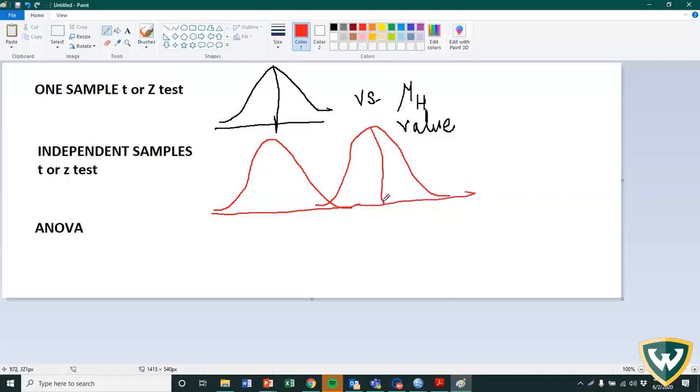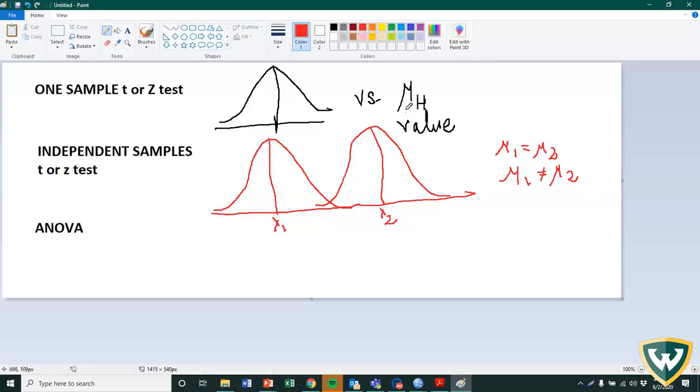So this is your mean 1, and then this is your mean 2. Your hypothesis is about the population means. mu1 equals mu2 is your null. mu1 does not equal mu2 is your alternative. And the independent samples test is about these two groups.